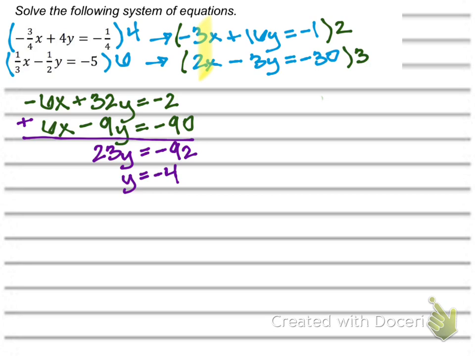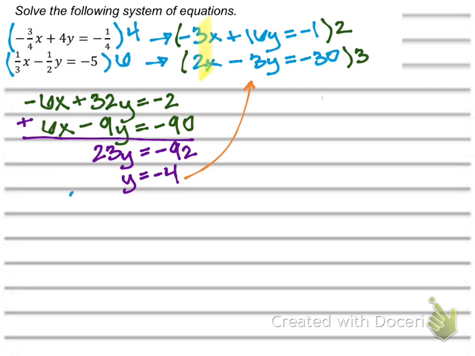Now that I know what y is, I'm going to plug in and find x. You can plug into the fractional guys if you want from the beginning, or you can plug into one of these guys where we cleared the fractions. Okay, doesn't matter. I'll go ahead and plug into that second one. How about?